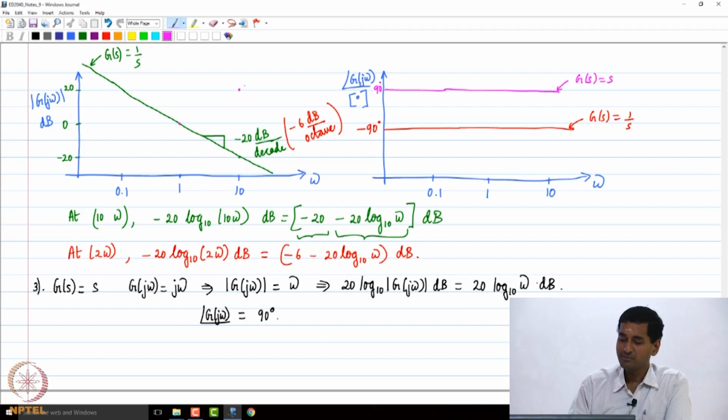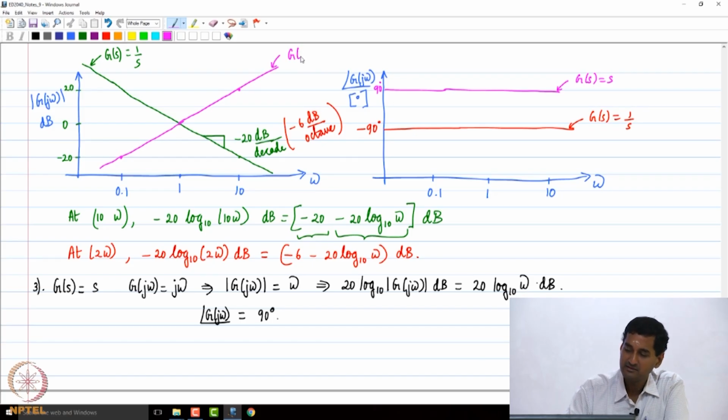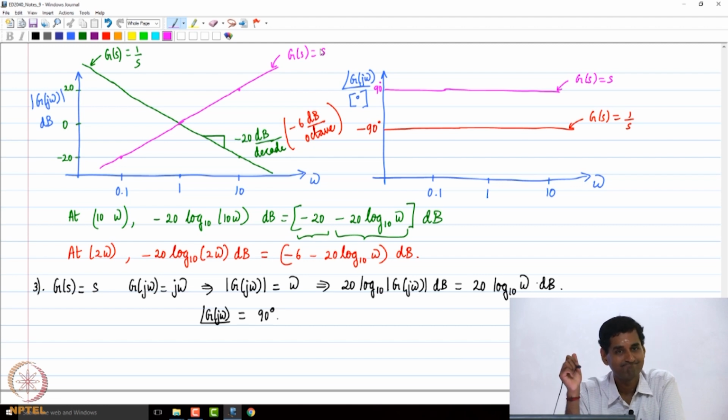Okay, so at omega equals 0.1, we will immediately see that it's going to be minus 20 decibels, correct? So now if I join this, this is going to be in this way. Okay, so this is the magnitude plot for the factor s.